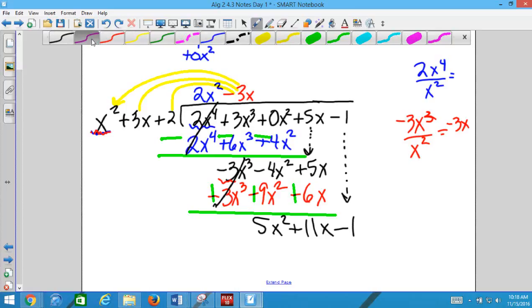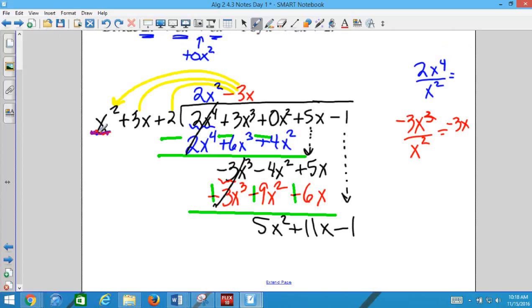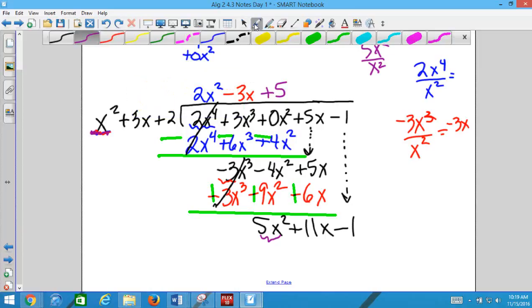So now we're going to take this x squared into 5x squared. Not sure what to do? Write it off to the side. 5x squared divided by x squared. What is left over when I divide those? 5. What do I do with the 5?